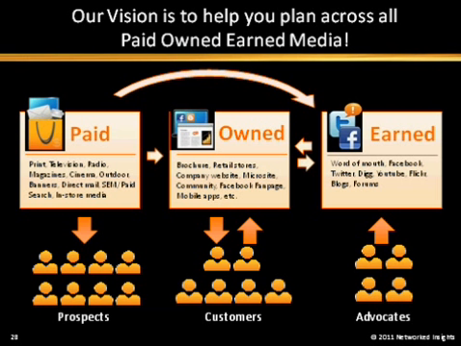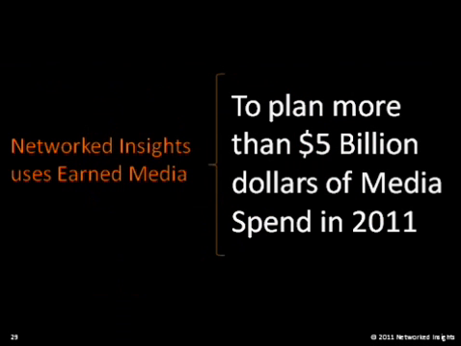So we're doing this across many companies. Today, as a business, we plan $5 billion of media. That's what we're doing today. It's a significant number. It's a number that allows us to think about how we are seeing these trends across media, and how we are helping and working in this planning process. We're not buying media. We have no interest in buying media.